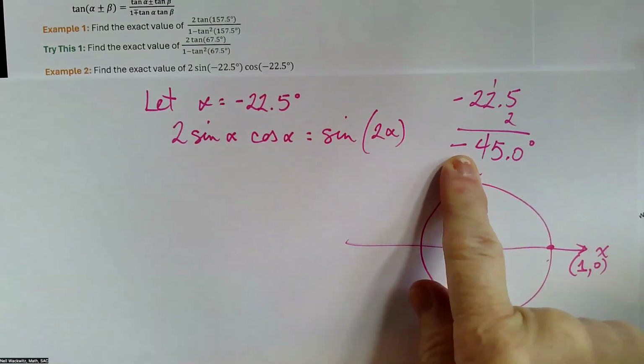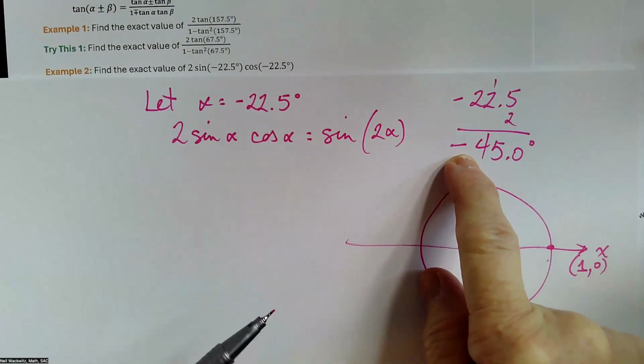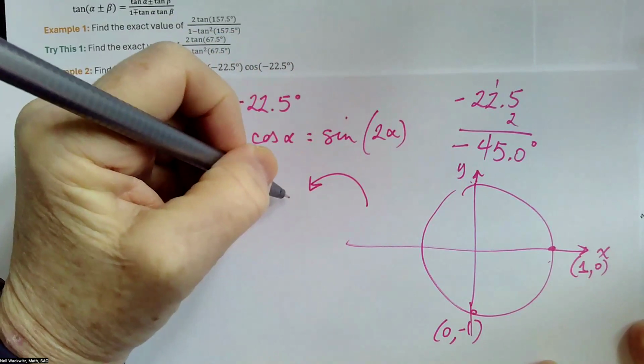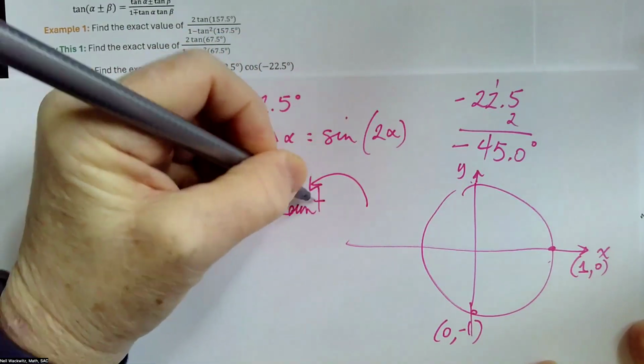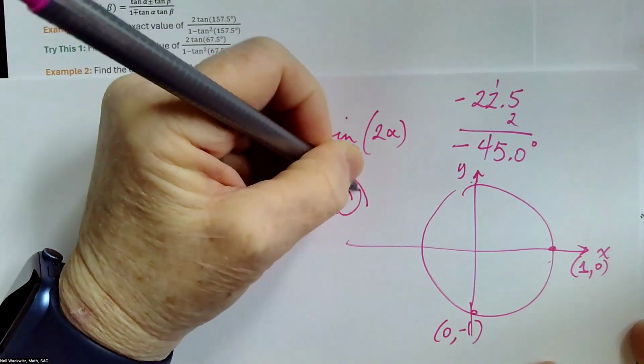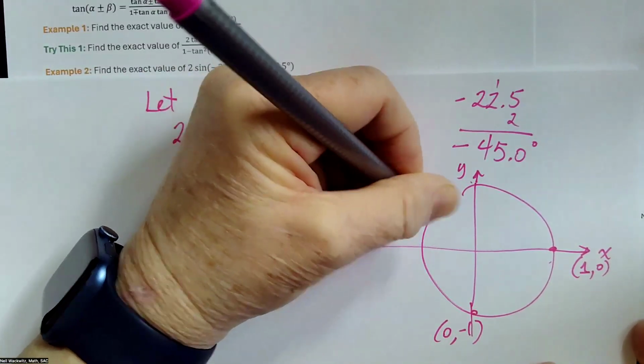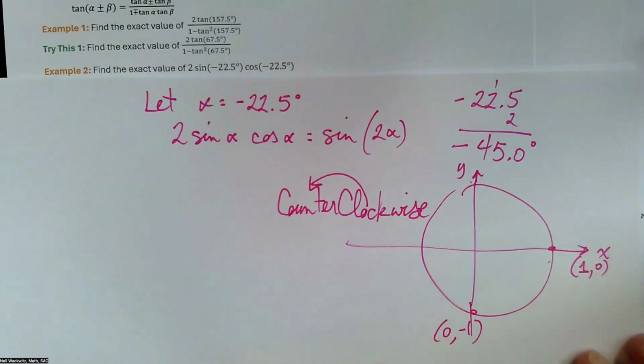Yeah, so the negative means opposite direction. The normal direction is counterclockwise, so the opposite would be clockwise.